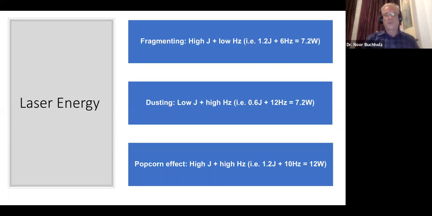So typically I've put here 0.6 joule, so half of the joule, but double of the frequency, 12 hertz. And mathematically, you get the same energy output, but you get a different effect. If you want to popcorn these stones, then you need to apply a high energy and a high frequency. For example, 1.2 joules and 10 hertz. So 12 watts is the output, and that is, of course, then higher.